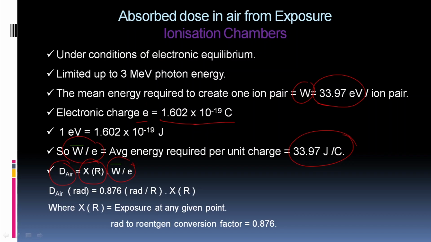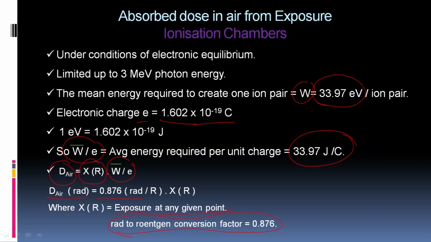If the dose in air is expressed in terms of radiation absorbed dose, rad, it is 0.876, the Roentgen to rad conversion factor, multiplied by the exposure in the unit of Roentgen. So X in Roentgen is the exposure at any point, and 0.876 is the Roentgen to rad conversion factor.